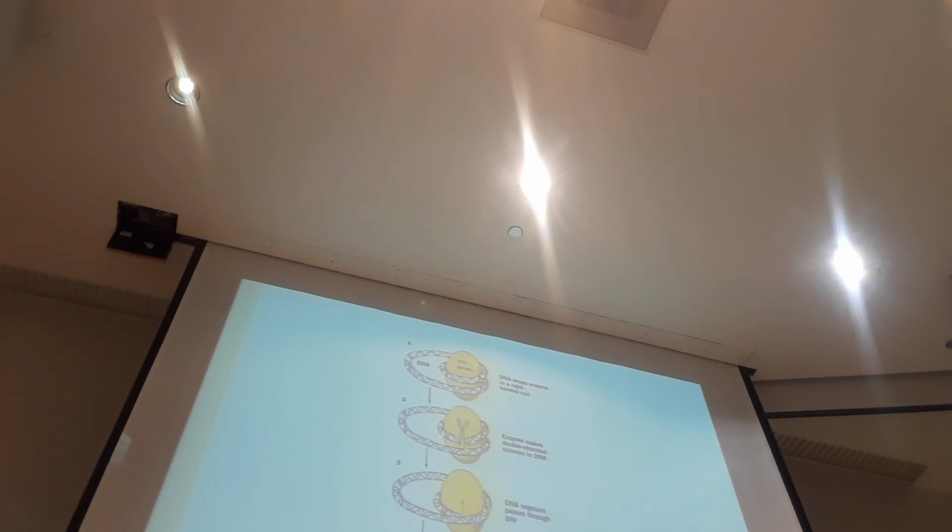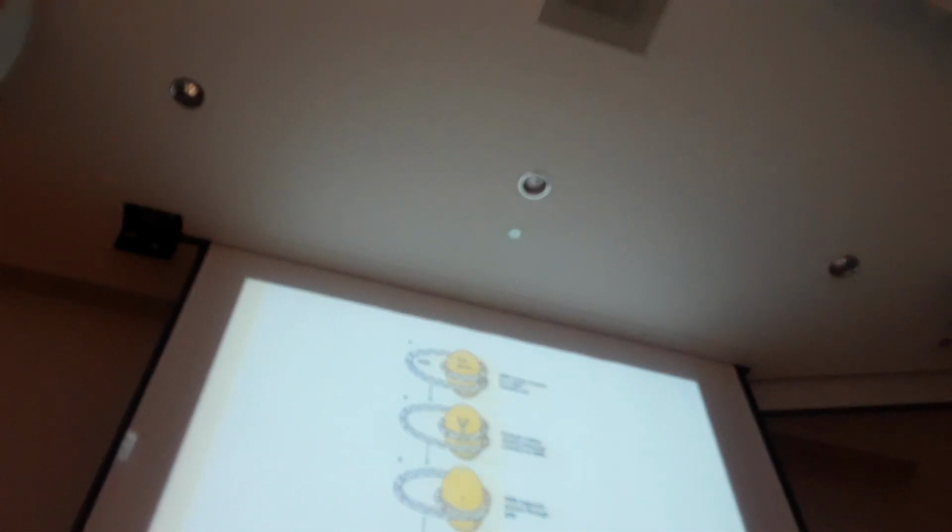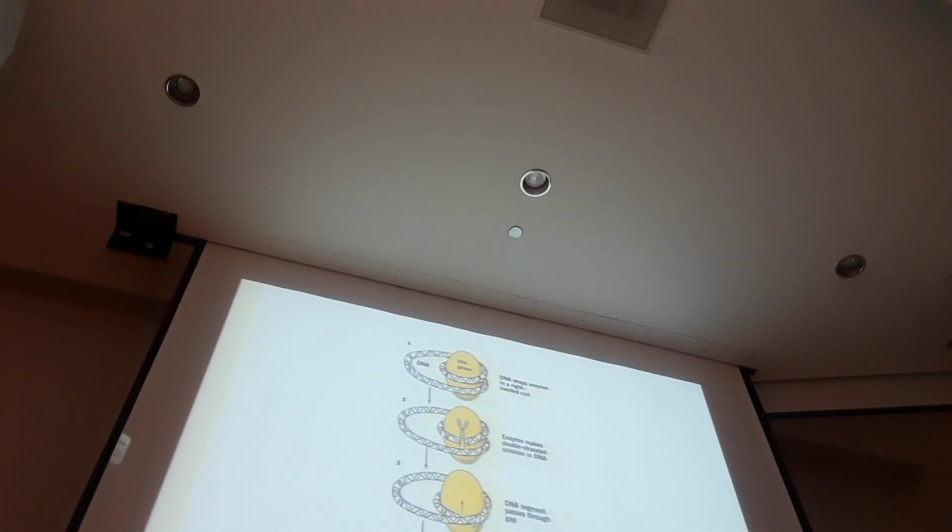So topoisomerase type 2 cleaves two strands in the double-stranded molecule, and then, as we see from this picture, removes strain by guiding the two ends of this cut part of the molecule to the other side of whatever was wrapped about this topoisomerase.